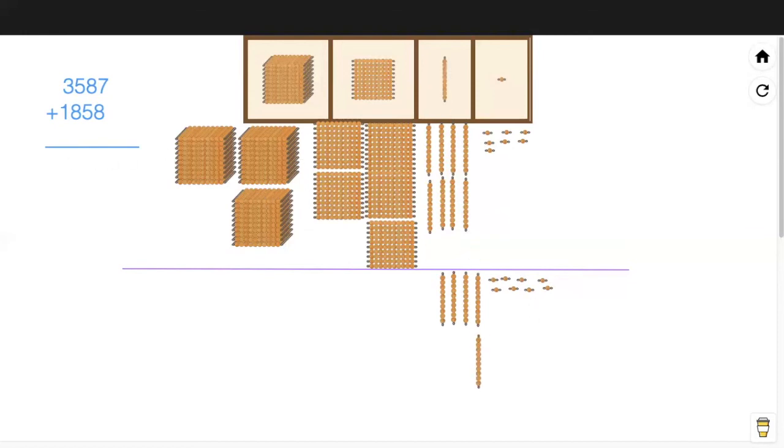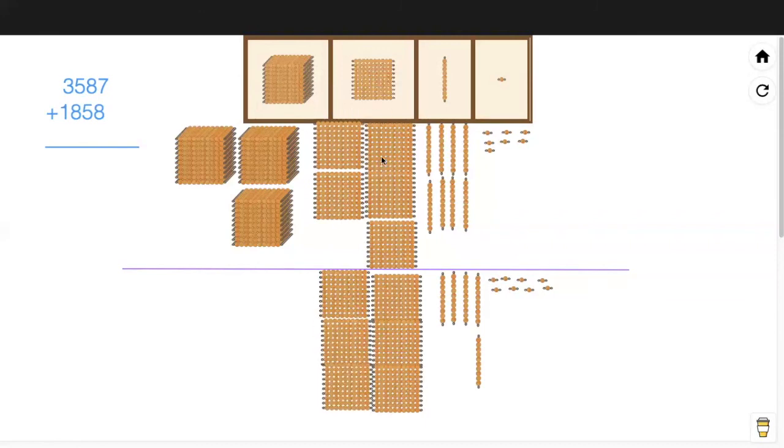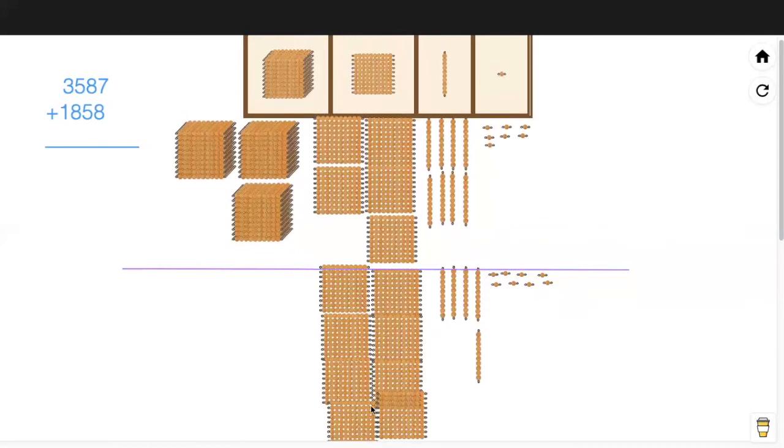All right, you can finish making this number by yourself or you can watch on the screen. I'm going to start by getting out 8 100s. And 1 1000.